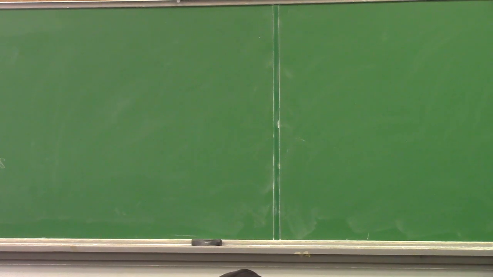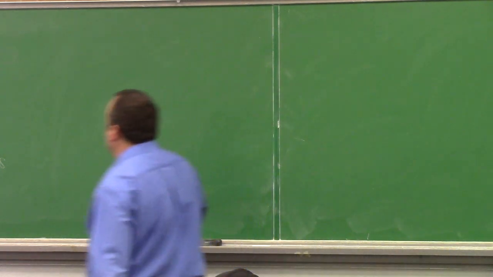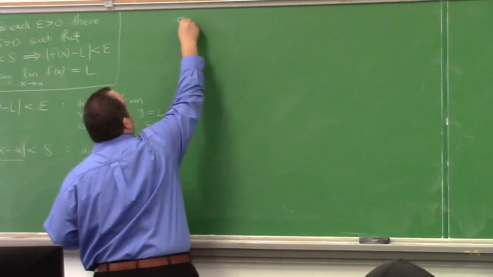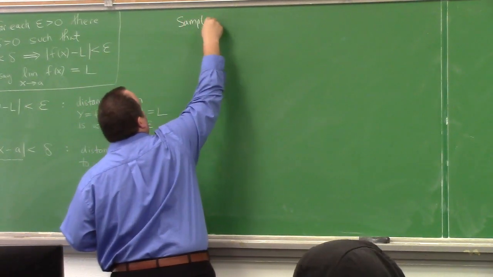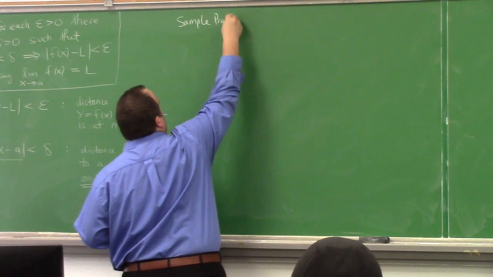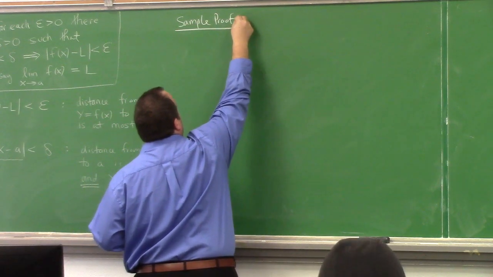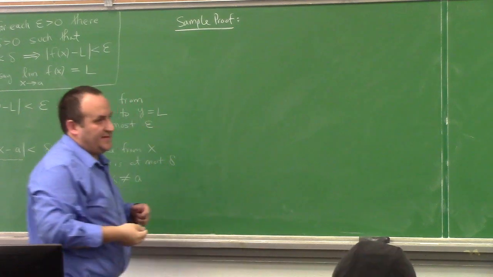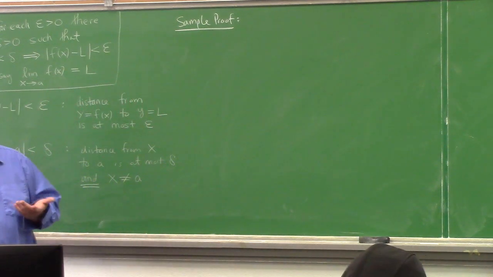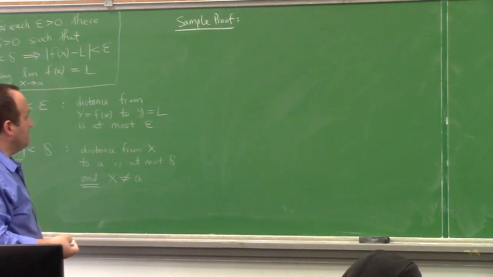So here's a sample proof for you. The goal here is partly, ideally, to help you understand the definition more. That may or may not happen for you, but anyway, here goes.